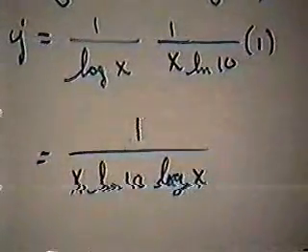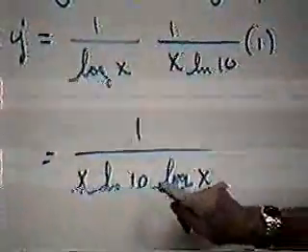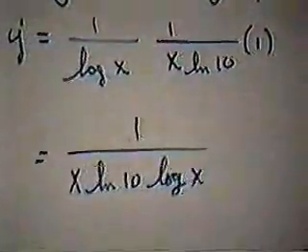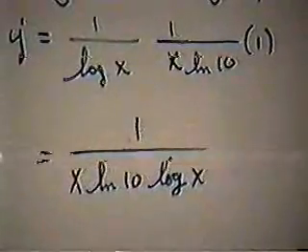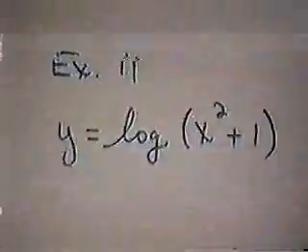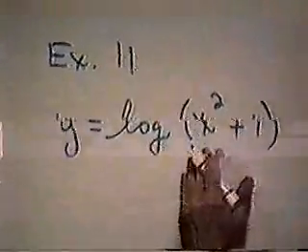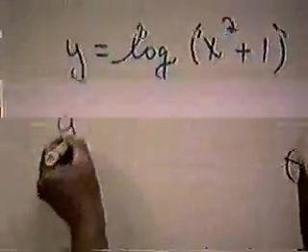All right, so the last rule then we need to learn is if we take the derivative log, we have to tag on an ln of 10 in the bottom. All right, let's look at some more examples. This is just like the first example where we had ln. All I'm just saying here is what we've already said.